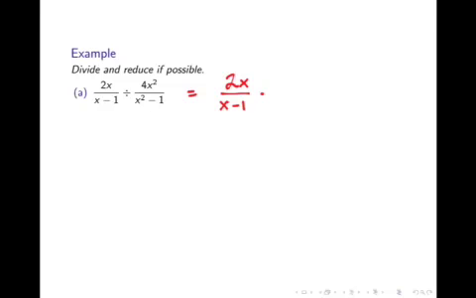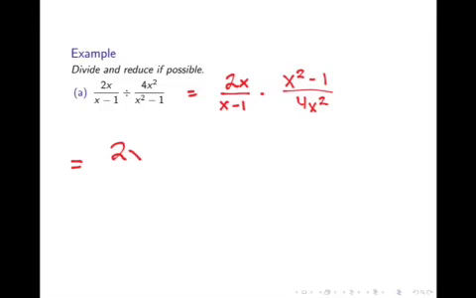Flip it, and we have x squared minus 1 over 4x squared. So here you can either factor and then flip it, you can flip it and then factor, or you can do them in the same step, which is how I'll do the rest of these, is just combine it into one step. Here I went ahead and flipped it first, just so that I get that out of the way and I don't forget to do that.